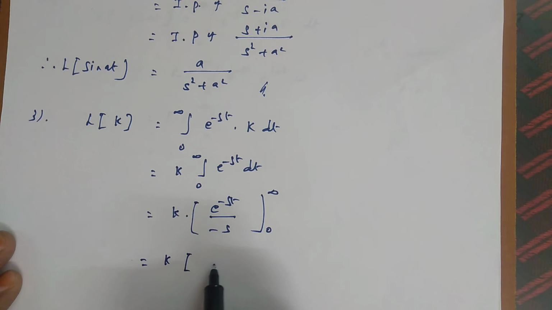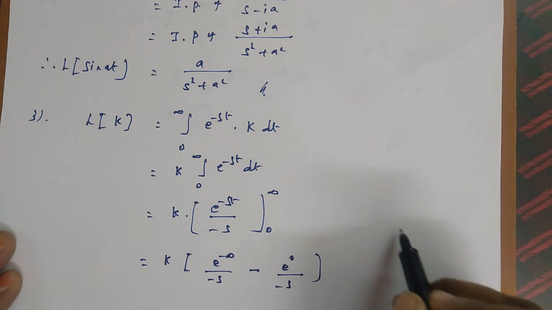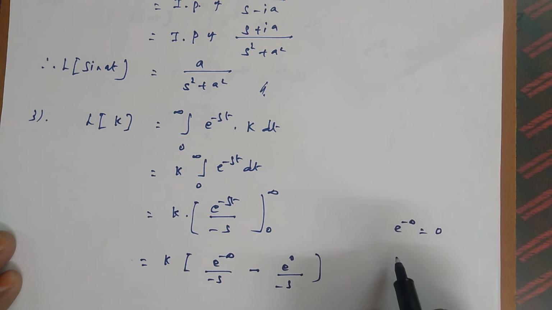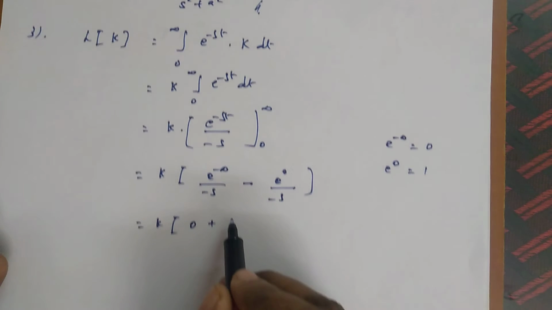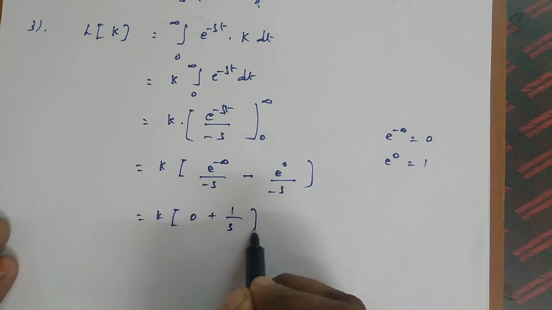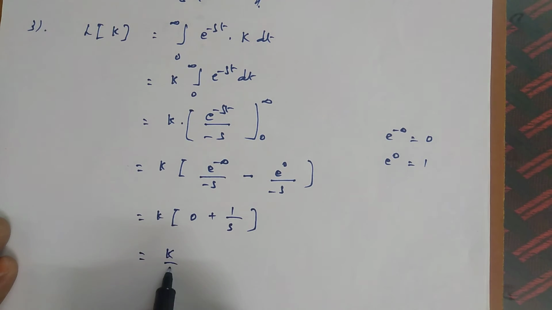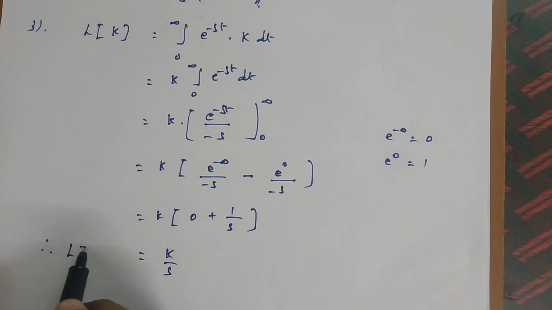So k into e power minus infinity by minus s minus lower limit 0 divided by minus s. E power minus infinity is 0 and e power 0 is 1. So 0 by anything is 0. So the first term will become 0, minus into minus plus, e power 0 is 1. So 1 by s. So the answer is k by s. Therefore, L of k equal to k by s. This is the answer for the third result.